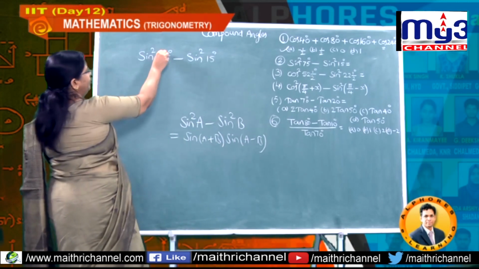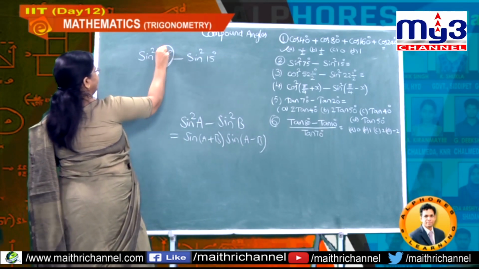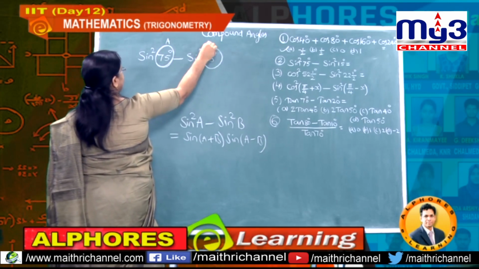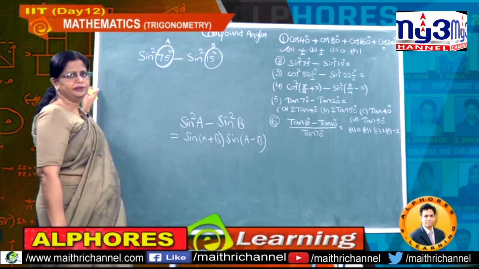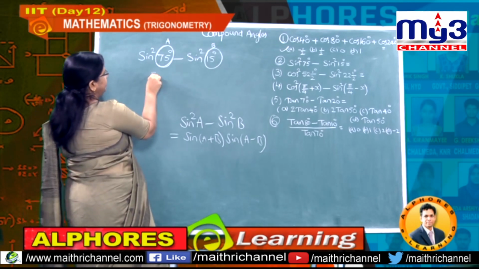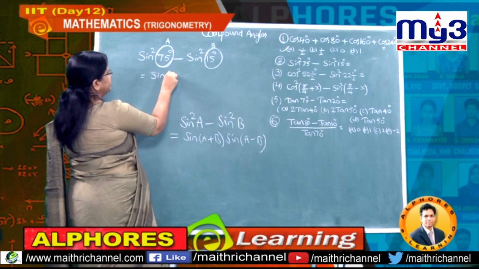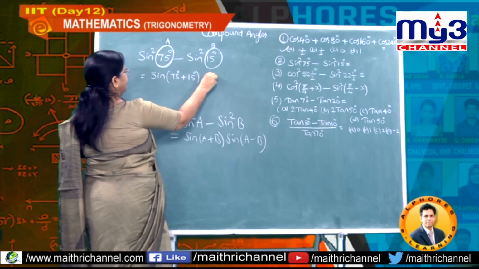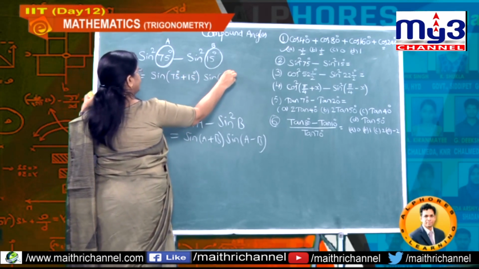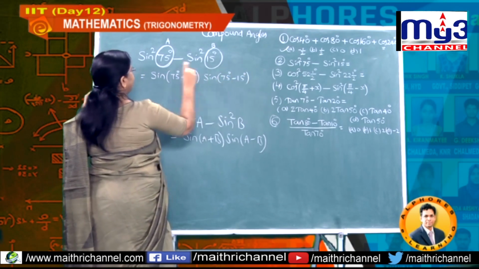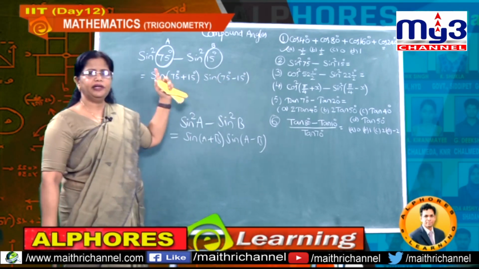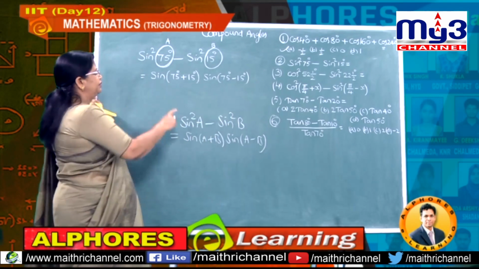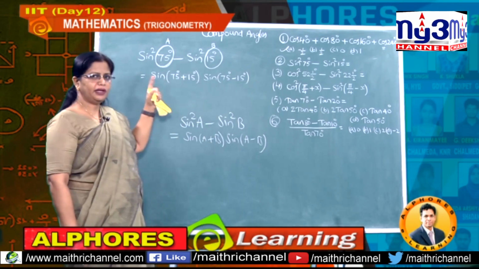Now what is your A here? 75 degrees, and what is your B here? 15 degrees, right? So these are the A and B values. Now if I use the formula, it is sine of 75 plus 15 into sine of 75 minus 15. Understand? Instead of using the formulas of sine 15 and sine 75, you can make use of these also. So what is 75 plus 15? 90 degrees.